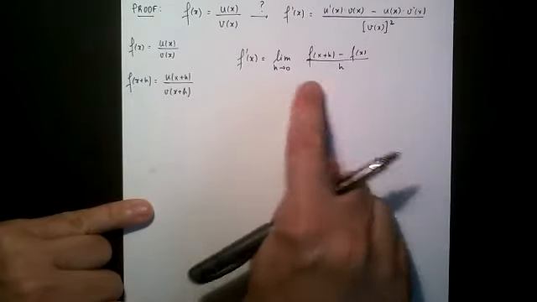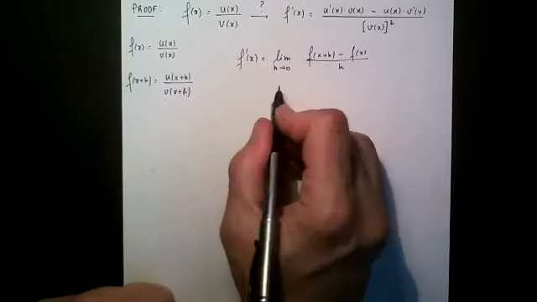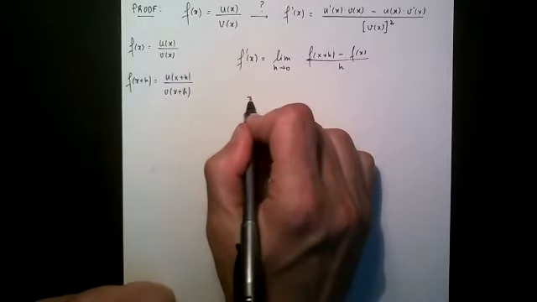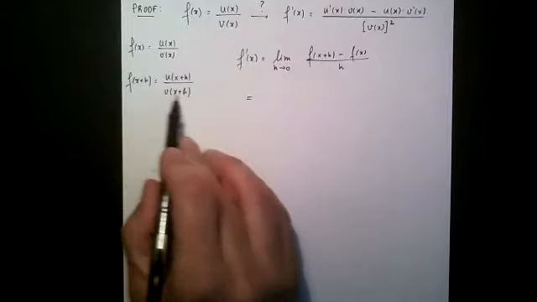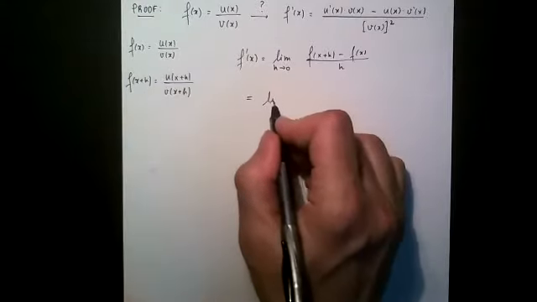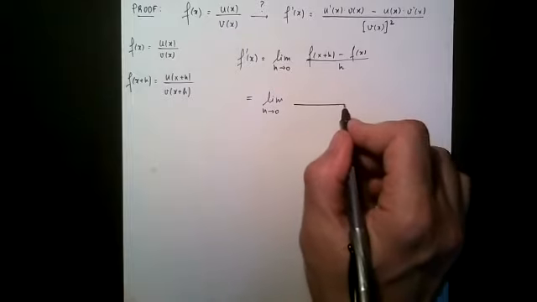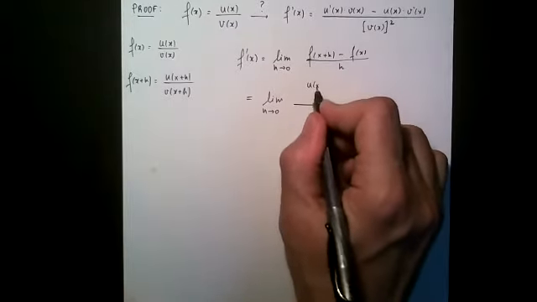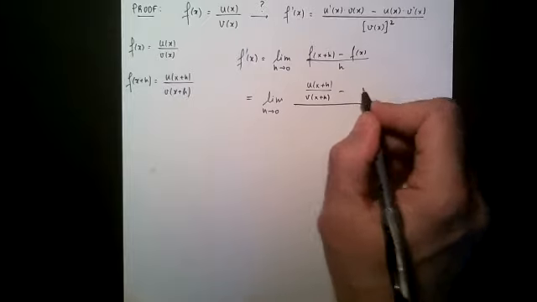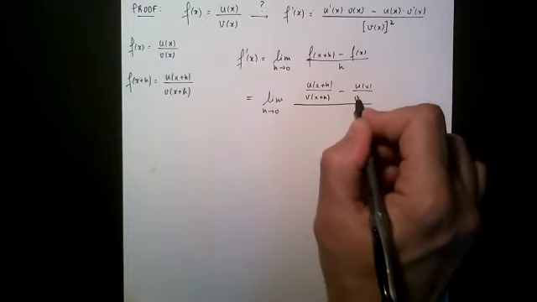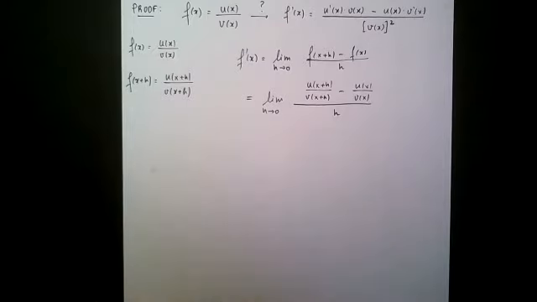I think you know this formula by heart by now. If I replace f of x plus h, I will get the limit as h approaches 0 of u of x plus h over v of x plus h, minus u of x over v of x, and all this over h. Question so far?